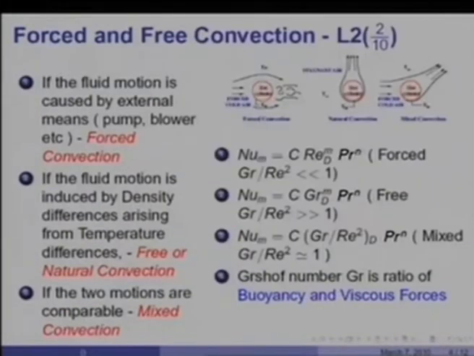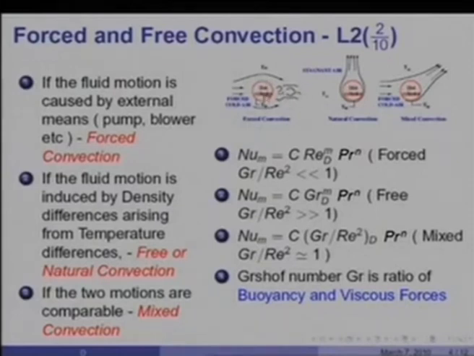The first type of flow classification is well known to you, called forced and free convection. So, consider a hot cylinder, say a tube or anything like that, across which the cold fluid is flowing, and if the fluid motion is caused by external means such as pump, blower, etc., we call it forced convection heat transfer.